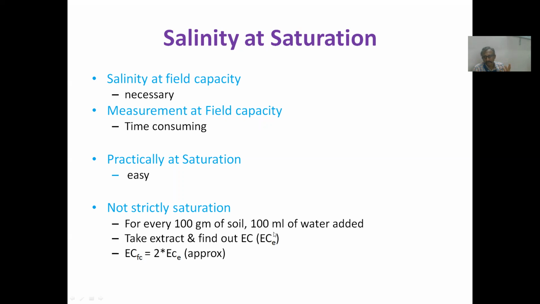That will have a lower salt concentration because we would have added more water. Approximately it has been found that electrical conductivity of any soil at saturation is twice that at field capacity. So find out electrical conductivity at saturation, convert to electrical conductivity at field capacity, and accordingly make use of that data for interpretation.